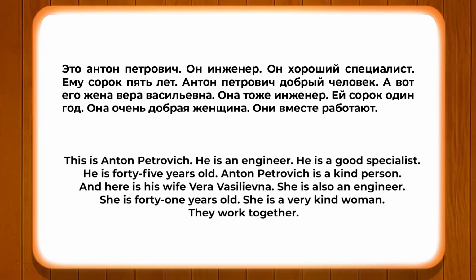So один год, 2 года, 3 года, 4 года, 5 лет. Please keep that in your mind whenever we are using numbers, especially referring to age. And we shall also be discussing the particular case where we use this kind of construction. So ей 41 год. She is 41 years old.